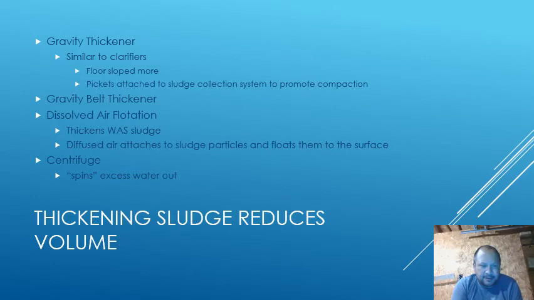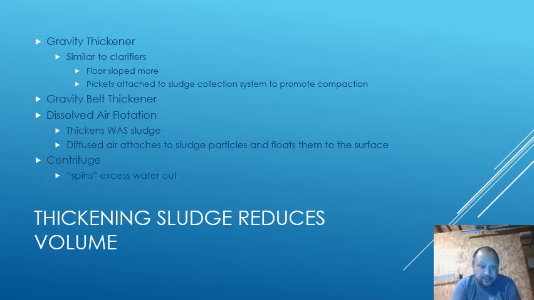And then there will be little plastic pieces that kind of scrape across the top of the belt and create voids in the sludge, again to kind of allow water to drain. So gravity belt thickener is again similar to a belt filter press. You've got a porous belt with water draining through the bottom.